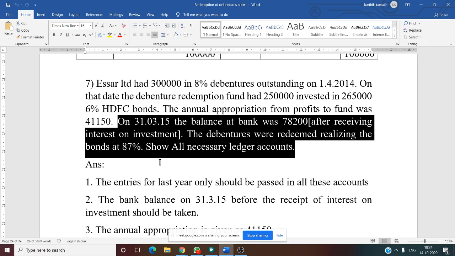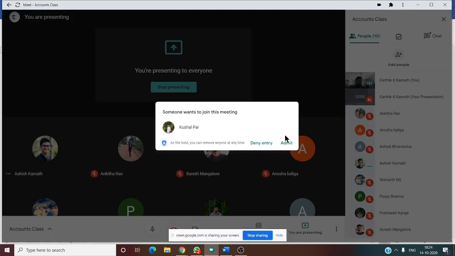On 31/3/2015, the balance at bank was 78,200 after receiving interest on investment. That means the bank balance involves interest on investment. But while preparing the bank account, we should exclude interest on investment.